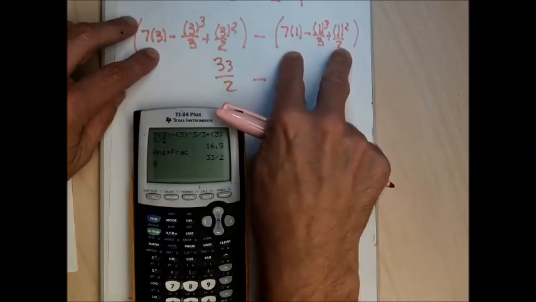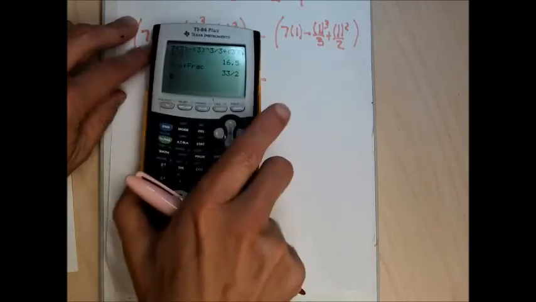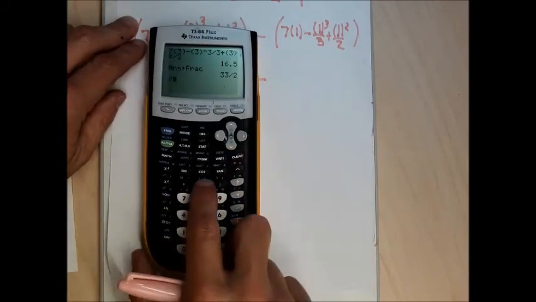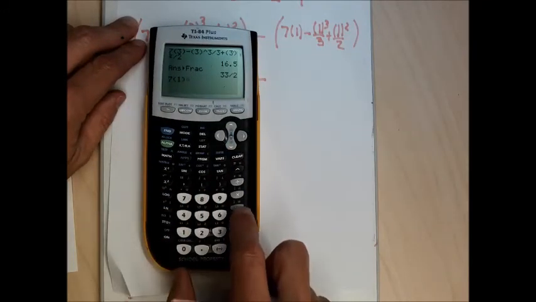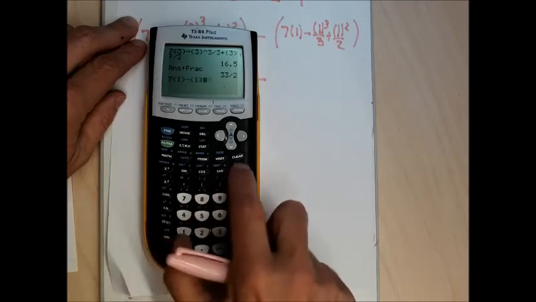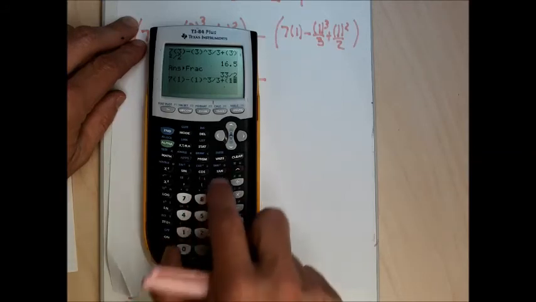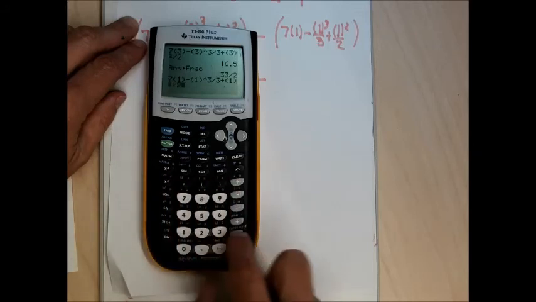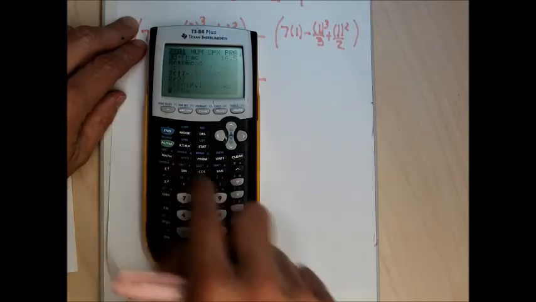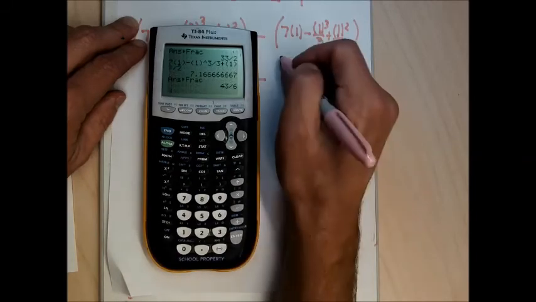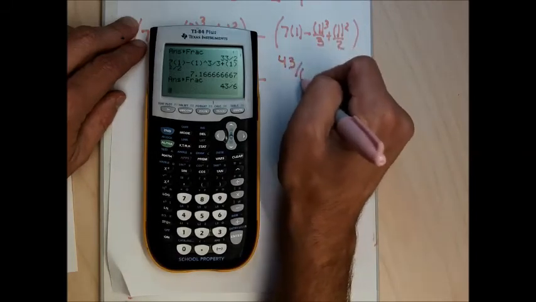Now I'm going to do that side. To do that side, I just go 7 parentheses 1 minus parentheses 1 up arrow cubed divided by 3 plus parentheses 1 squared over 2. Math, enter, enter, and I get 43 over 6.